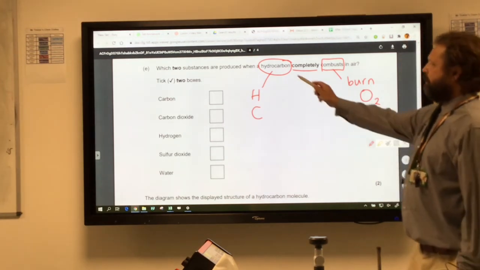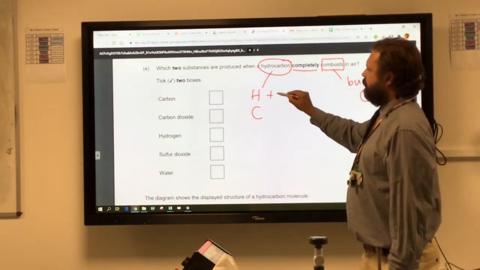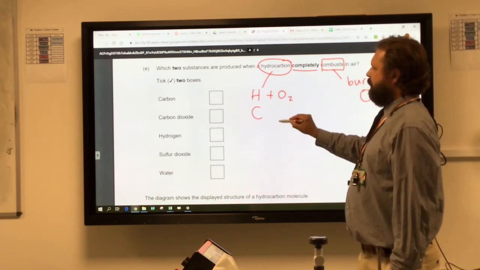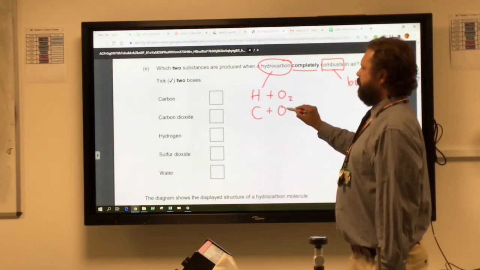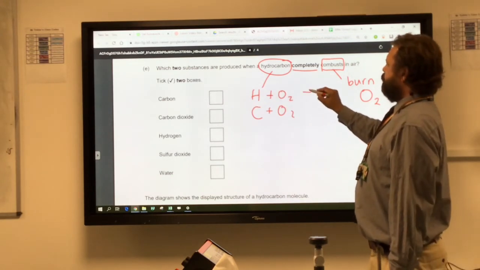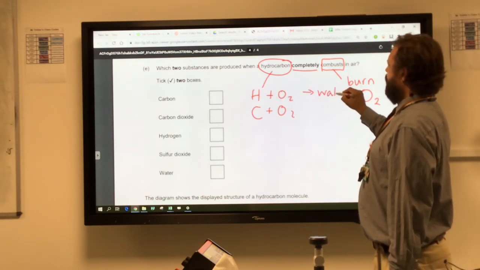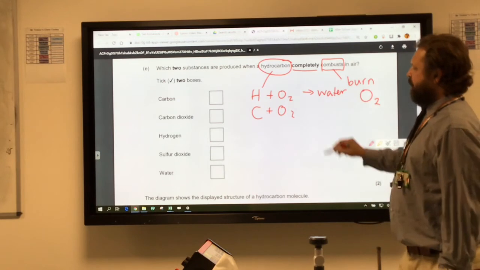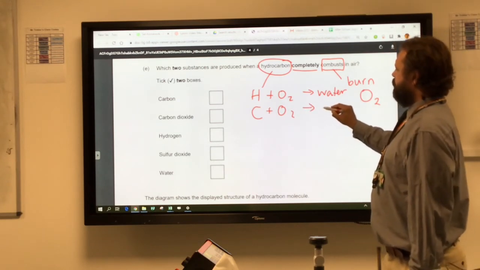So when a hydrocarbon burns, the hydrogen can react with oxygen and the carbon can react with oxygen.